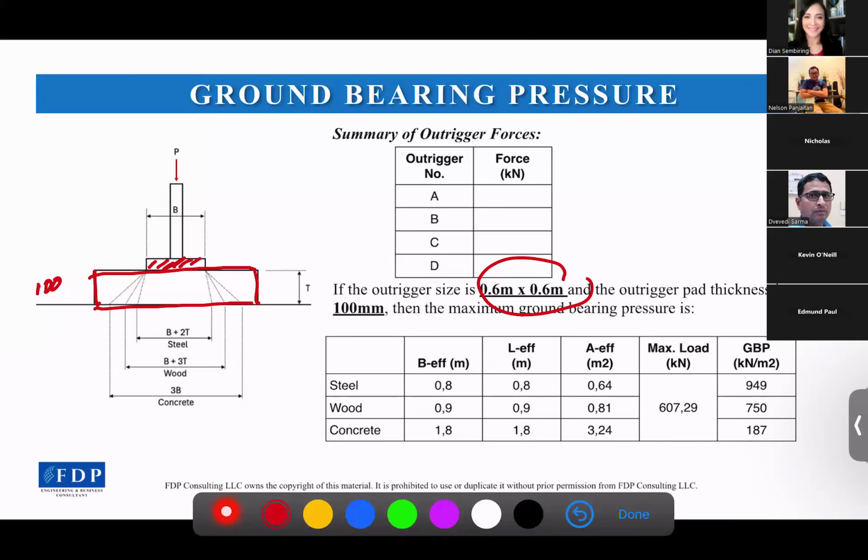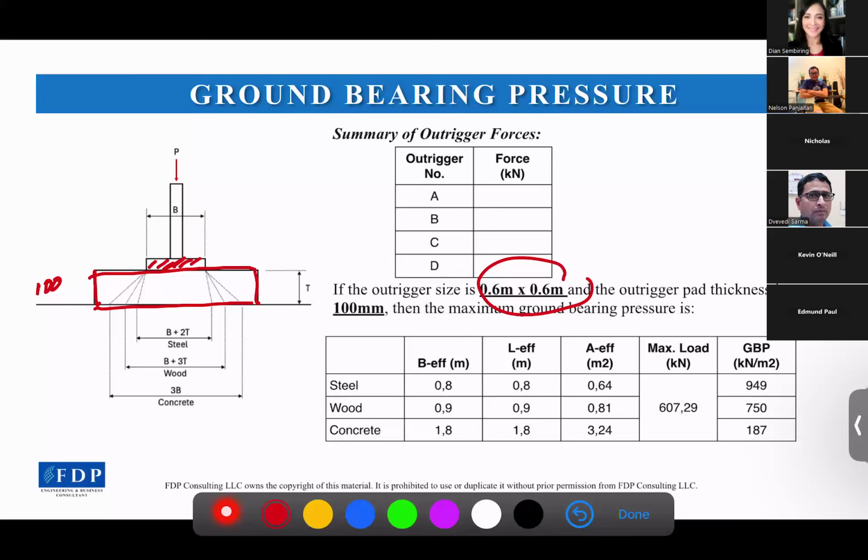So the effective area at the contact between bearing pad and the ground will become bigger. It depends on the material of the bearing pad and the thickness that we use. It doesn't matter if you have a bearing pad as wide as a football field; if the thickness is only 1 millimeter, there will be no effect on the bearing pressure to the ground.